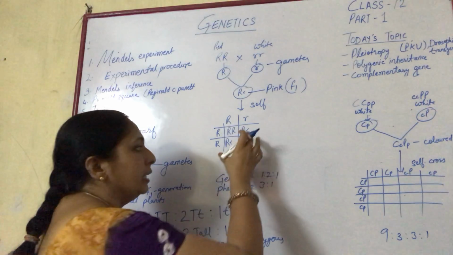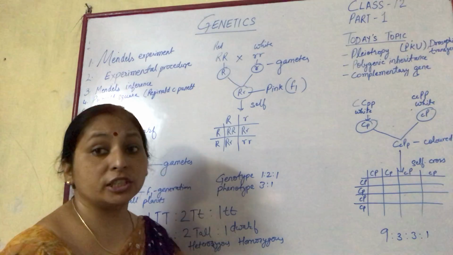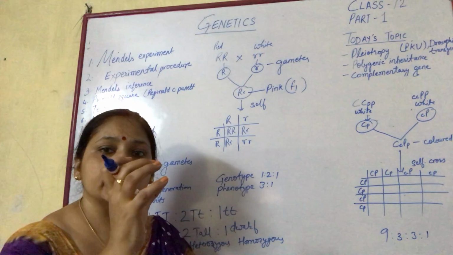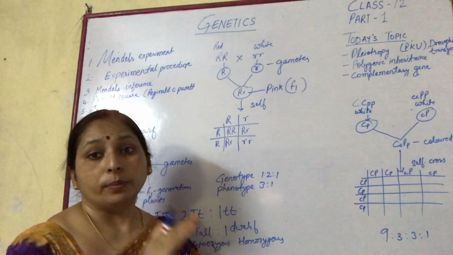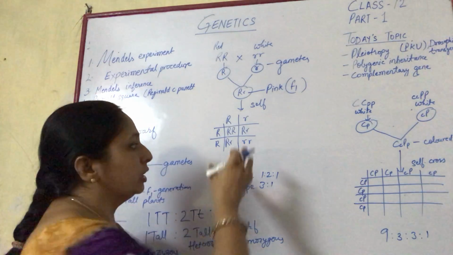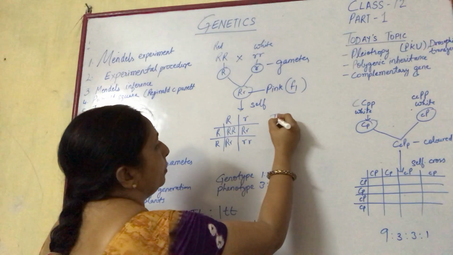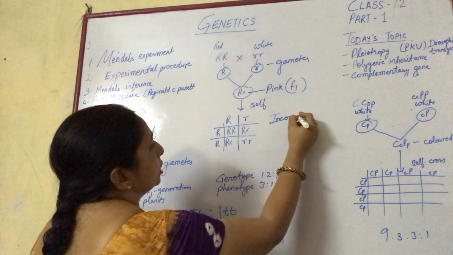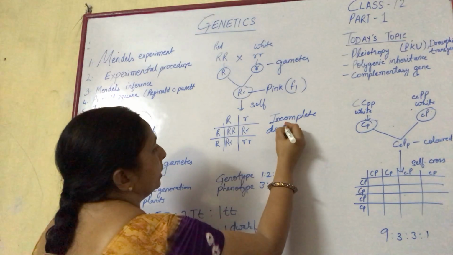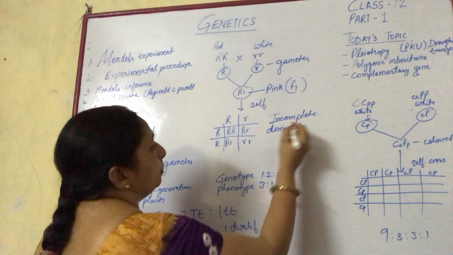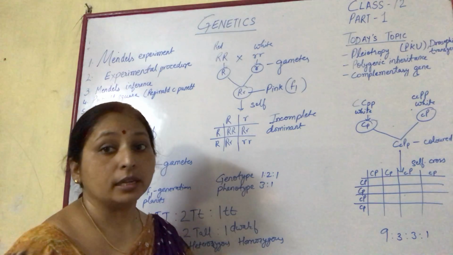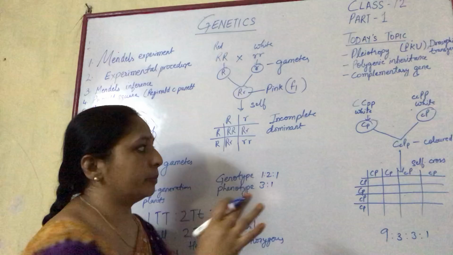But when it is present in the heterozygous condition, the color is not the dominant color; it is a blended expression of red and white, which is pink. So this is an example of incomplete dominance, where the dominant character is not completely dominant over the recessive character, and the expression is a mixed expression.